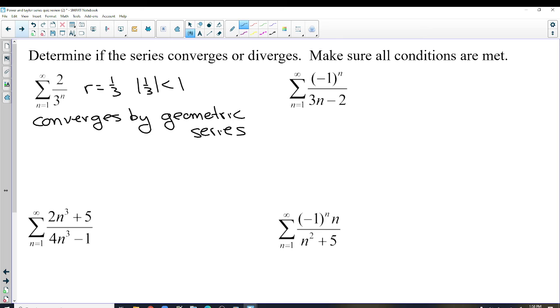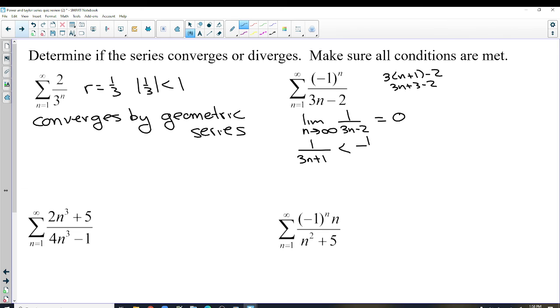Alternating series over here. Limit as n approaches infinity of 1 over 3n minus 2 is equal to 0. So that fits the nth term test. That's a pass. And then 1 over 3(n plus 1) minus 2, which is 3n plus 3 minus 2, so 3n plus 1.